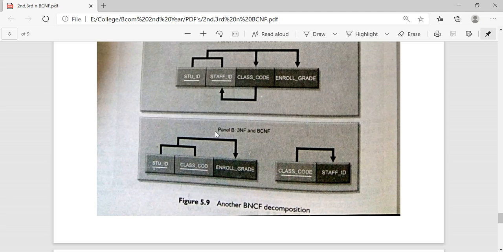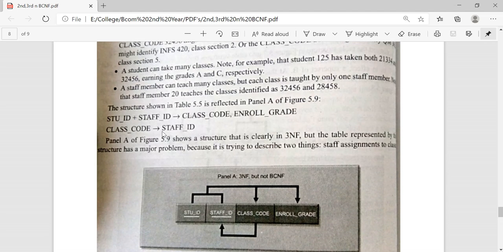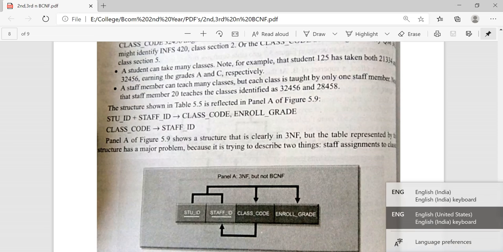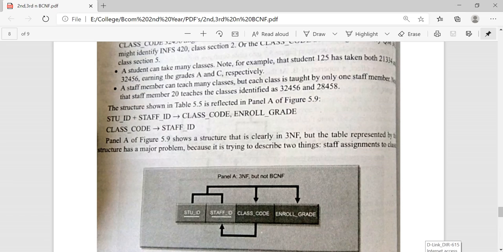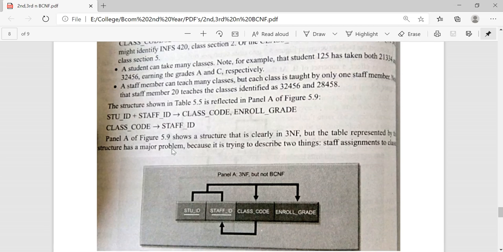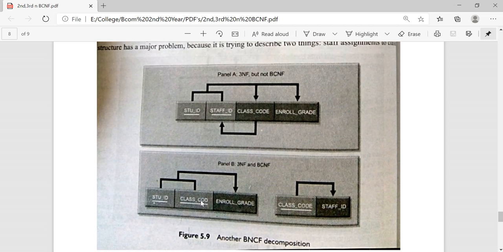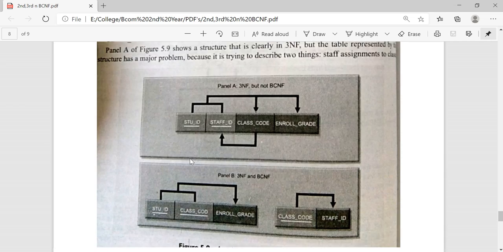So how did we decompose this? Just as we thought earlier, swap the attributes, meaning we change the key attribute. So instead of student ID plus staff ID, student ID plus class code is considered as the primary key, and then it will result in partial dependency.